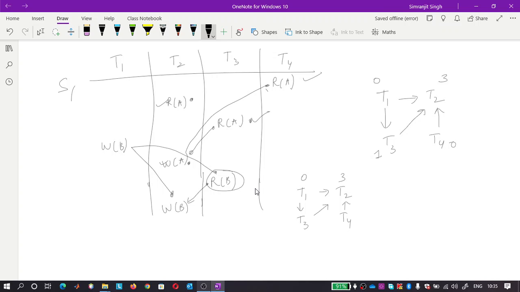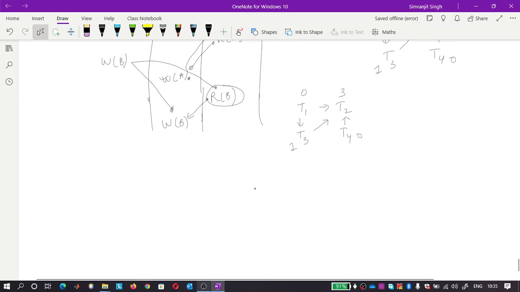In degrees are 0, 3, 0, 1. How actually to solve it? There is a little more particular analysis involved than what I have talked about. Check here. When you write T1 here, you have to delete all the arrows from it. Once I delete the arrows, you have to calculate the in degree again. So the in degree in this case will now become 1.